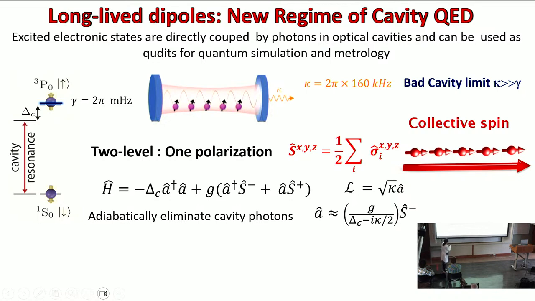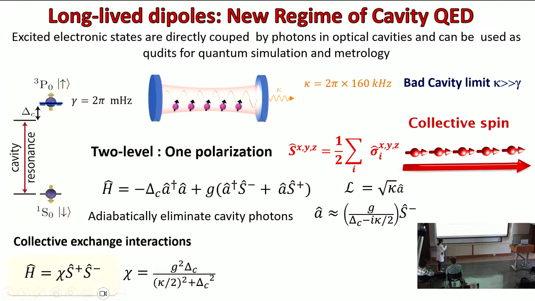Therefore, basically the photons in the cavity follow the dipole, or the collective dipole, of the atoms. So in other words, we can adiabatically eliminate the photons in the cavity because their dynamics is very fast.